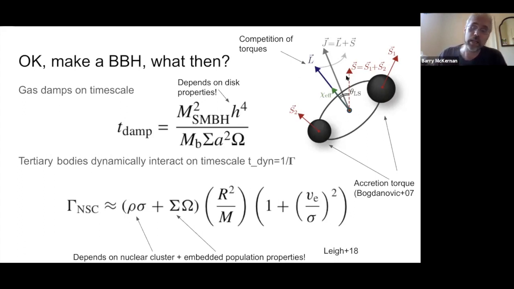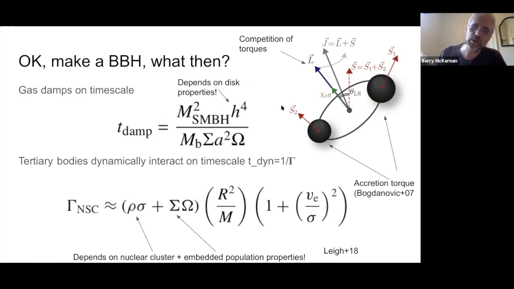The other thing that's going to happen is that the orbital angular momentum of the binary is also going to be torqued into alignment with the orbital angular momentum of the AGN gas disk.